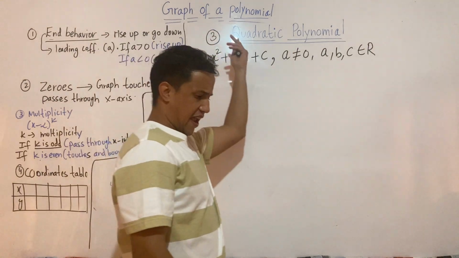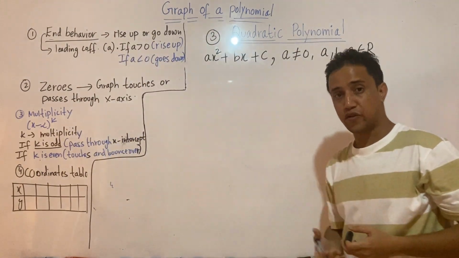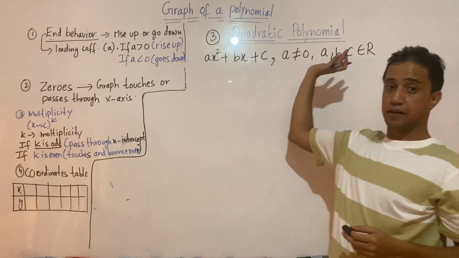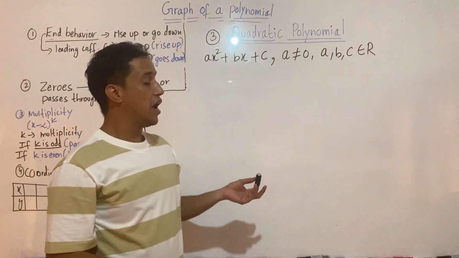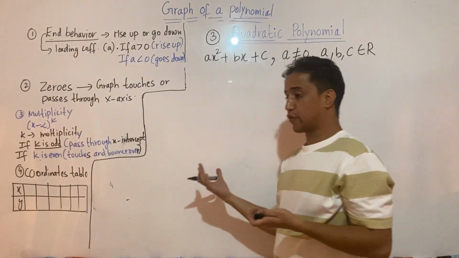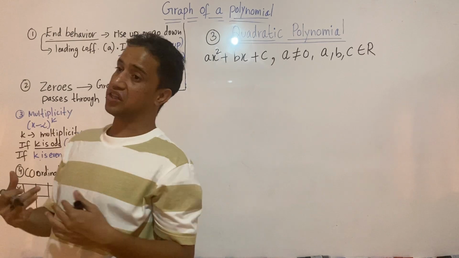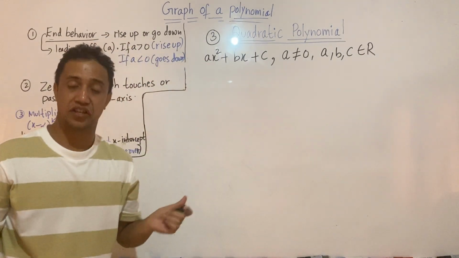This is the general form of a quadratic polynomial, subject to some conditions. You will get more clarity when we take some examples and sketch their graphs, okay?